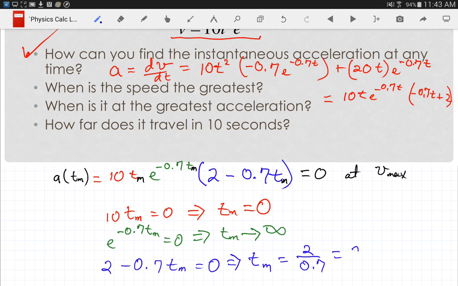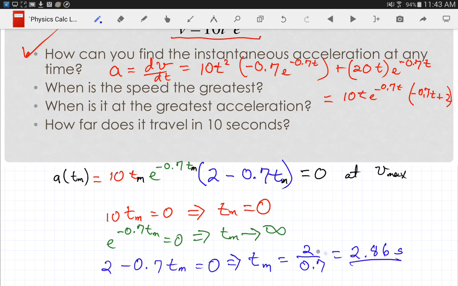What is it? 2.92. That's a guess. Okay. Yeah, so 2.85. 2.86. Okay. So we have 2.86 seconds approximately. I'm happy with just 3 sig figs here and moving on.